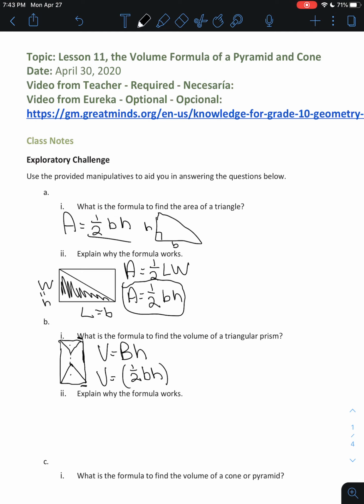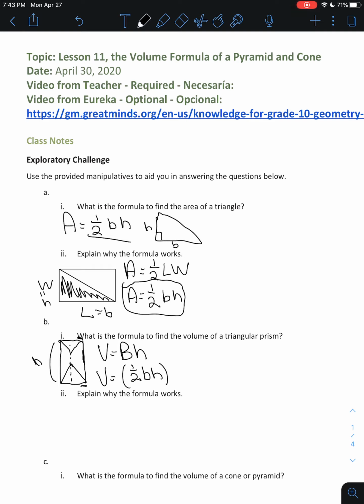Now you have to be a little careful here. The triangle formula has a height, right? The height was kind of how long the triangle was, right? But it's going to be a little different now from the height of the 3D shape. The height of the 3D shape is like this, right?